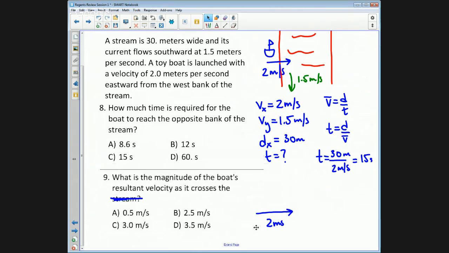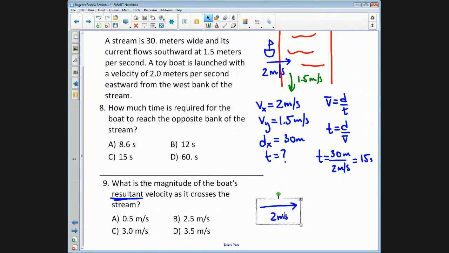Let me add this other one here. We have another vector 1.5 meters per second south. So obviously this is not drawn to scale. So 2 meters per second to the east and 1.5 meters per second south.